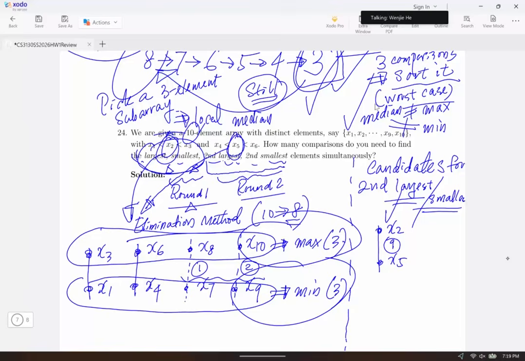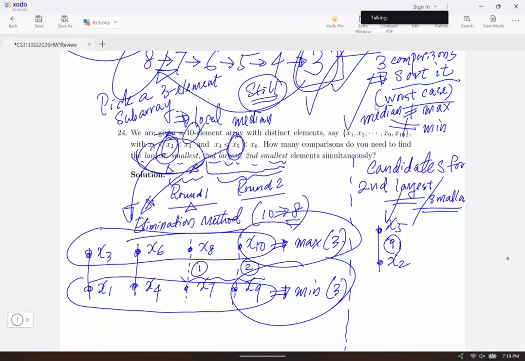We can assume one is larger than the other, because they are symmetric. So let me just put x5 up, x2 below. That's our comparison number 9.